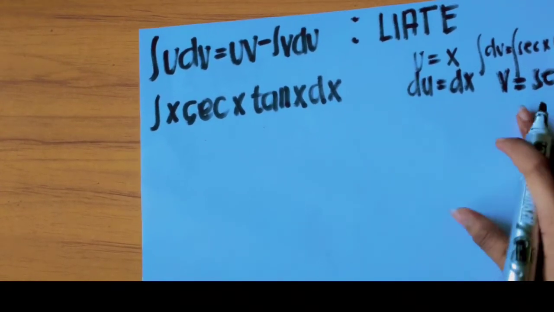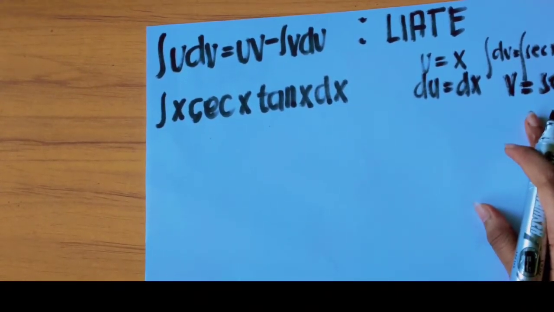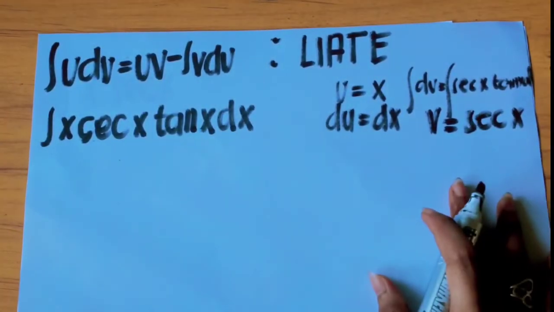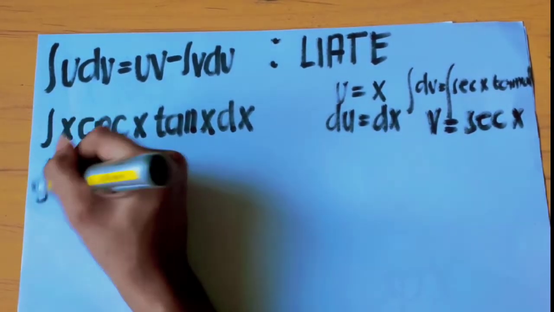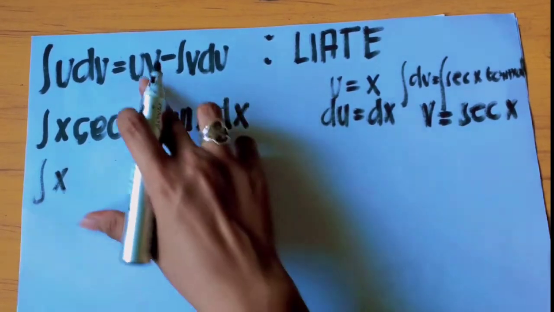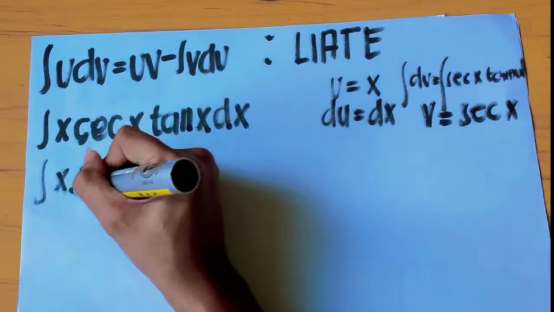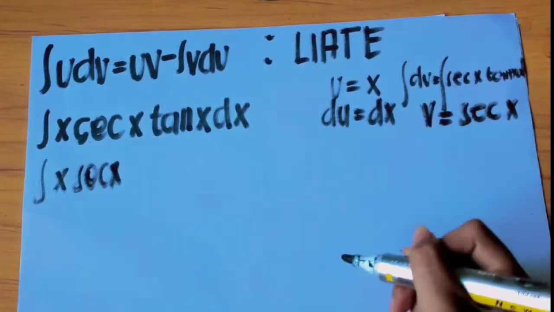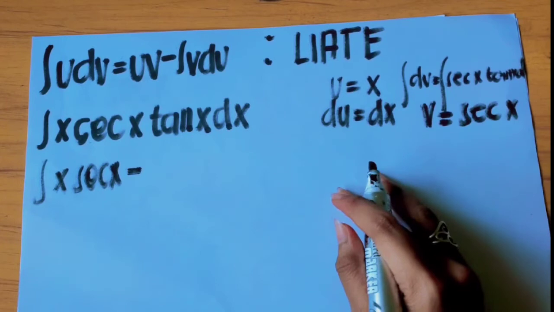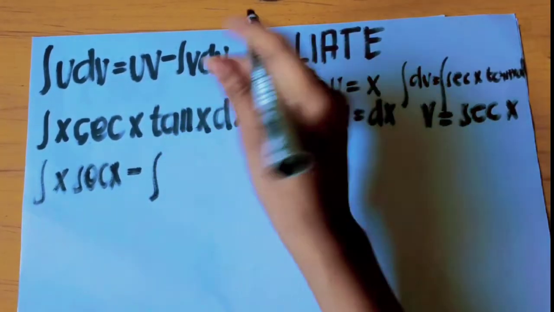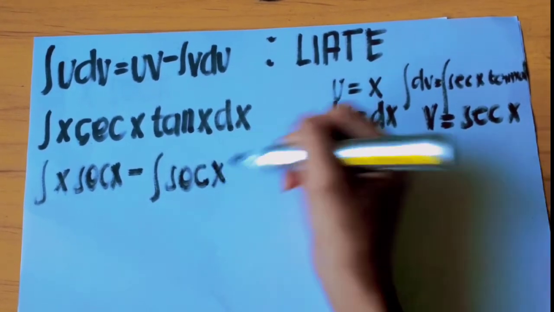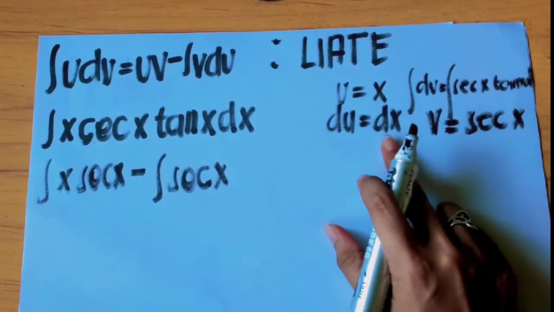The next step is substitute value nito dito. Integral of u is x and v is secant x. Then minus the integral of v, which is secant x, and du, dx.